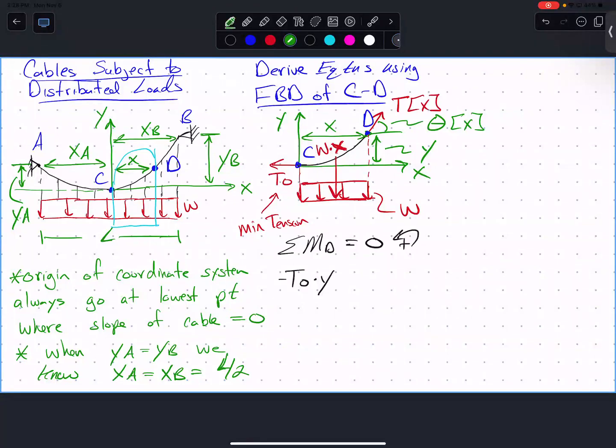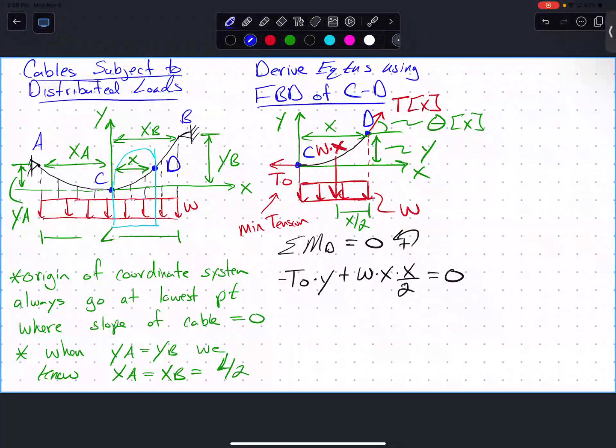And where will that be located relative to point D? At X over 2. So now we can take into account a positive W times X over 2. And that all has to be equal to 0 because that's everything that's causing a moment.